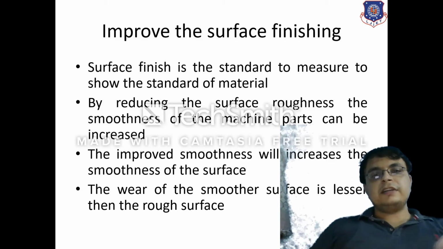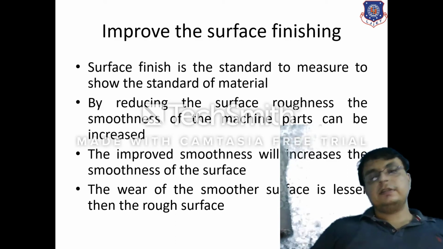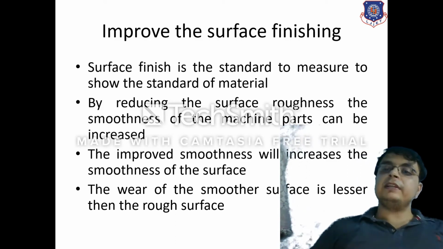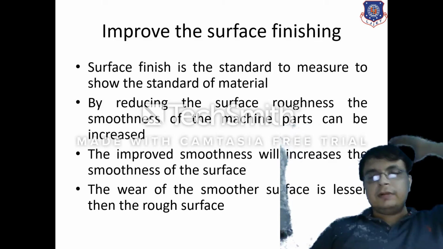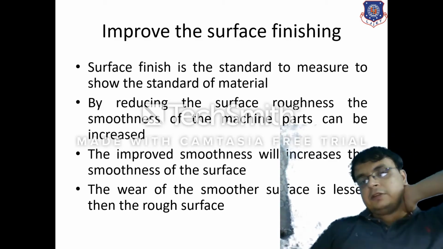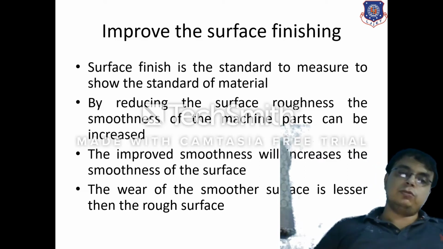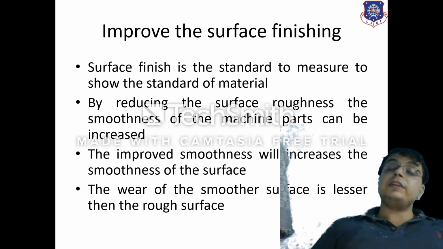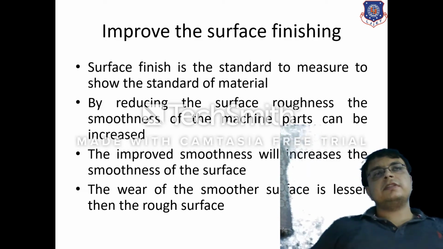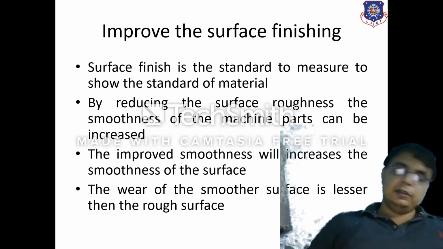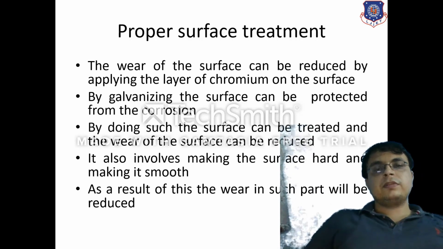By reducing the surface roughness, the smoothness of the machine will be increased, and the smoother the surface, the easier the machine will work. So the wear on a smooth surface is much lesser, and as a result, the design life of the machine will be increased.